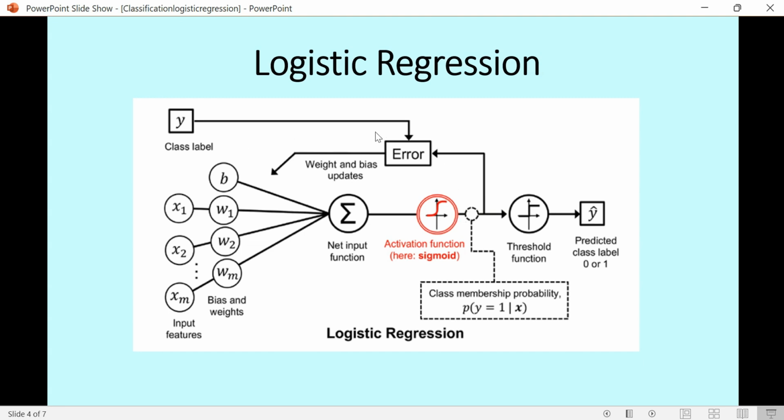Comparing these, we get the error. From this error we get the likelihood function, and the loss function is trained, updated with respect to the weight values. After training finishes, we get the final weights and bias. Then we apply a threshold function to get the predicted 0 or 1. From this vertical line, this part is the training part.